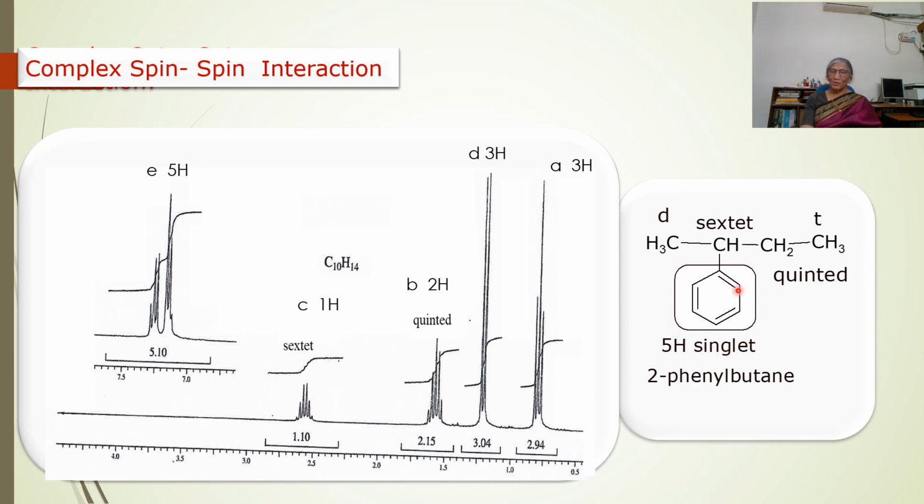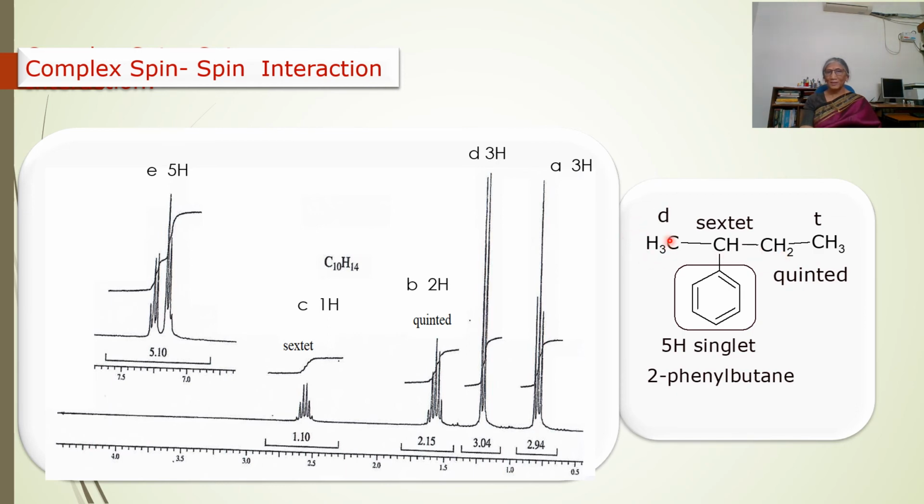Now these are the 5 equivalent protons which give the E signal. Signal A is given by this methyl proton, which is a triplet. Signal D is given by this methyl proton, which is a doublet. This methine proton gives signal C, which is a sextet because it has 2 neighboring groups.